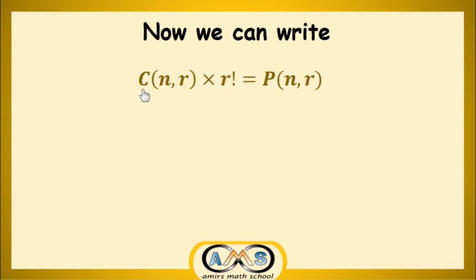Or we can say C(n, r) represents combination, which is the way of selection, r factorial is the arrangement of r things, and P(n, r) is the number of total arrangements or permutations. So the value of C(n, r), that is the value of combination, equals the value of permutation divided by r factorial. We know the value of permutation, P(n, r). If we substitute the value of P(n, r), we will get the value of C(n, r).